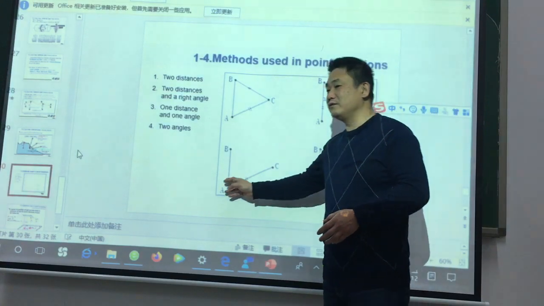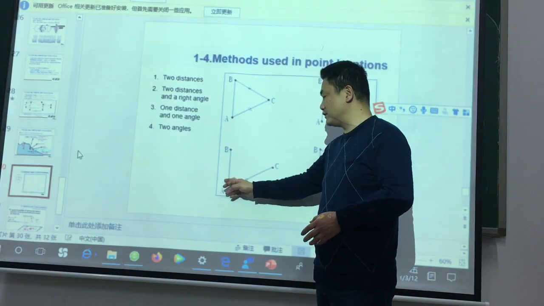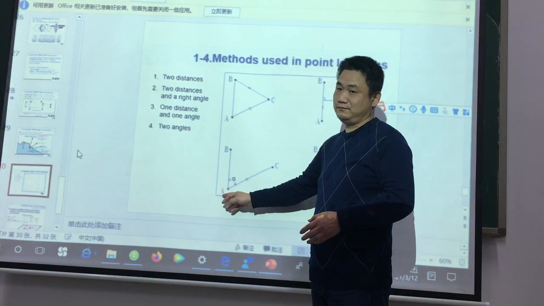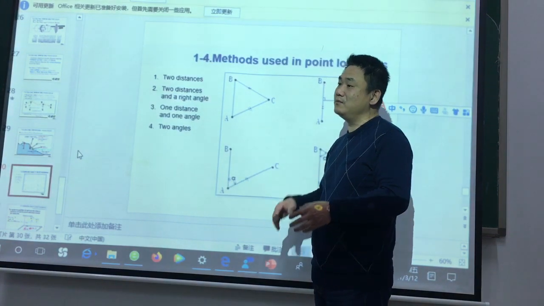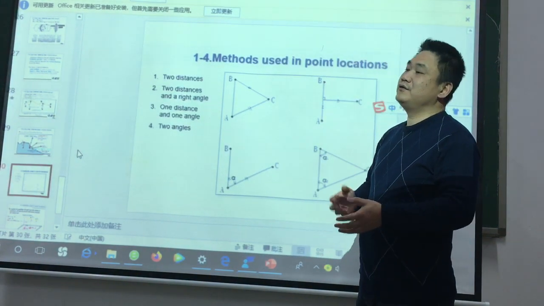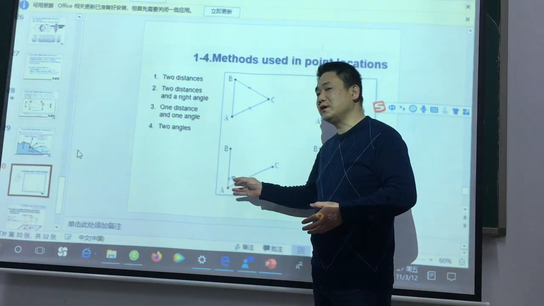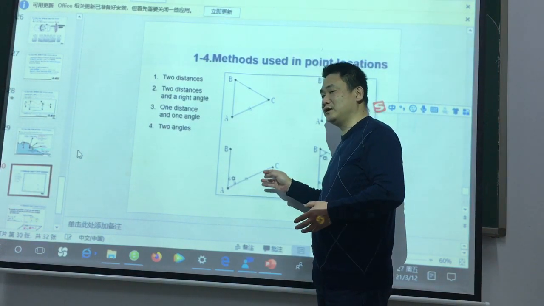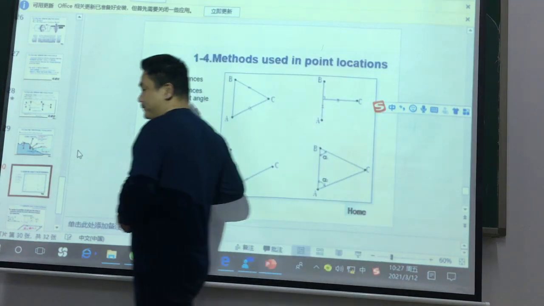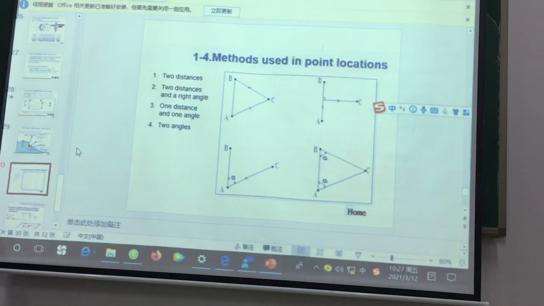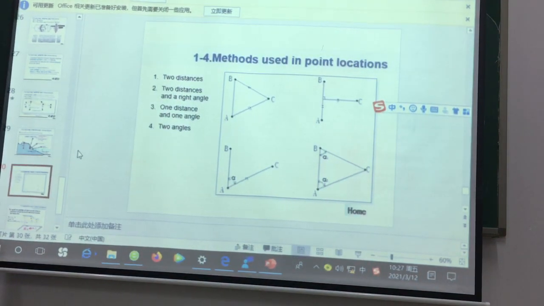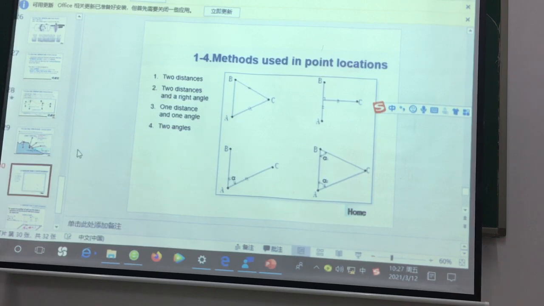And in the following chapters, we mostly use this method. Most instruments also use this method to survey the coordinate of a point. Okay, this is the method used in point location. If you don't understand how to calculate the coordinate of a point, we will talk about it later.